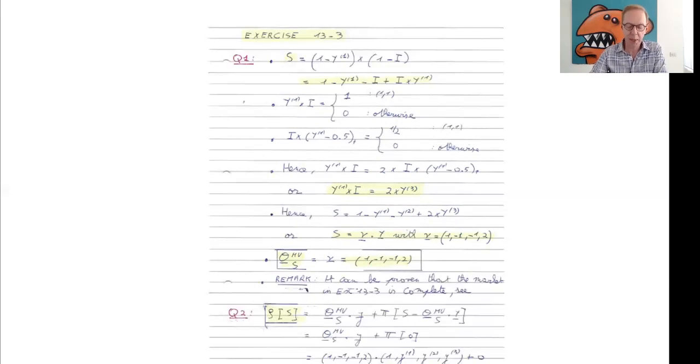Now, it can be proven that the market in exercise 13.3 is complete. We will see that further. Given that it is complete, this means that the time 1 value of the mean variance hedge of S is equal to S.